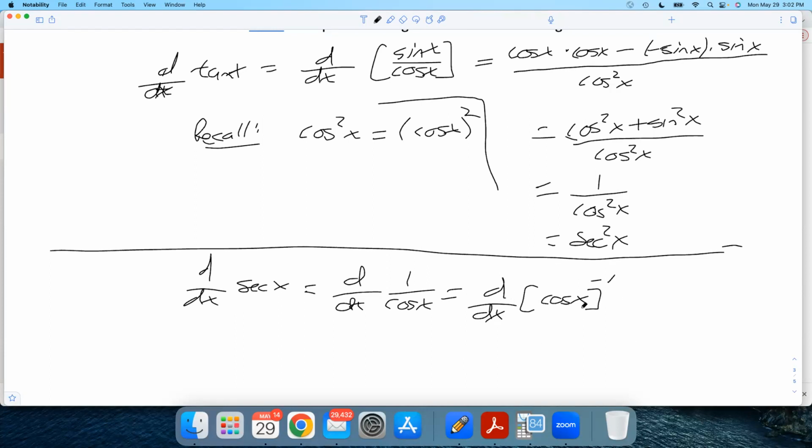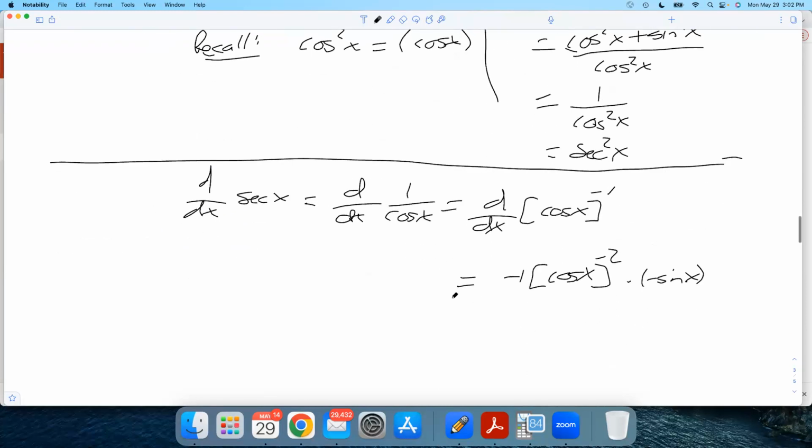The derivative of anything to a power would be bring that power down, leave the inside alone, and drop that power by 1. So -1 minus 1 is -2 times the derivative of what's inside. The derivative of cosine is negative sine.